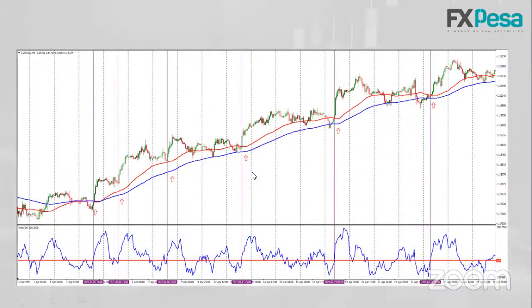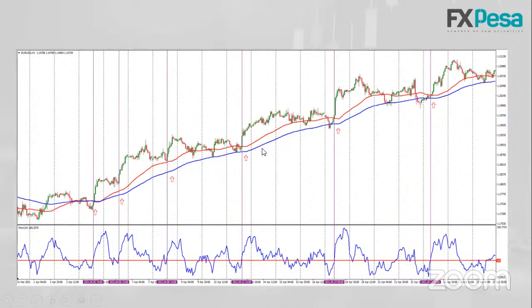So when you add moving averages, you'd have such a picture. These two lines are moving averages, and they're helping you to identify the flow of the price as price continues to form on the chart.